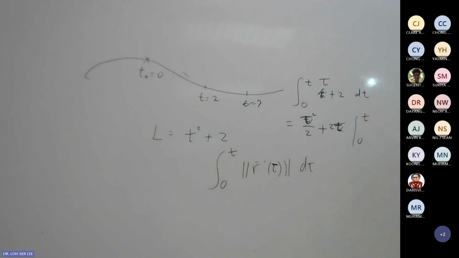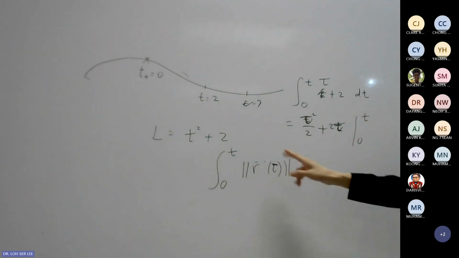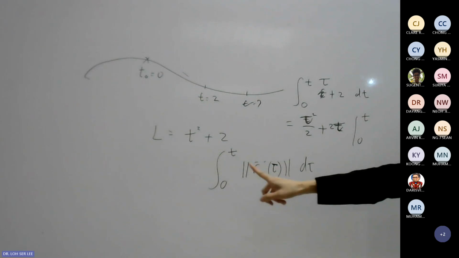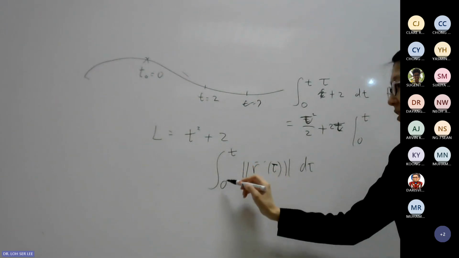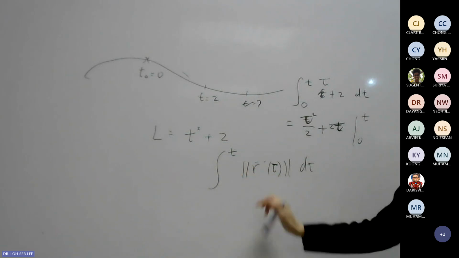So if you are given only the information on the starting point, we will use this formula. The starting point is not necessarily 0. This is t naught.